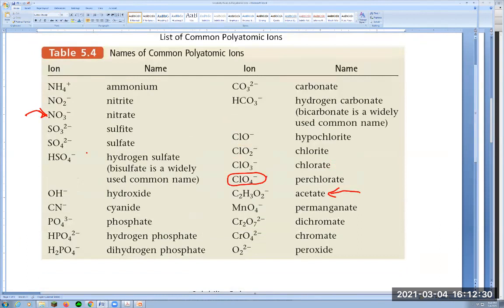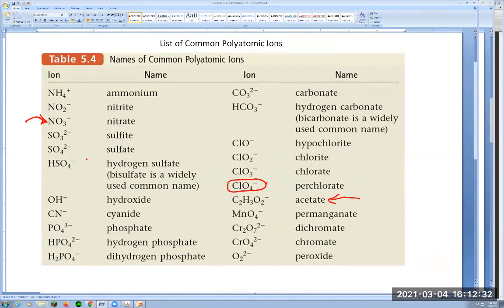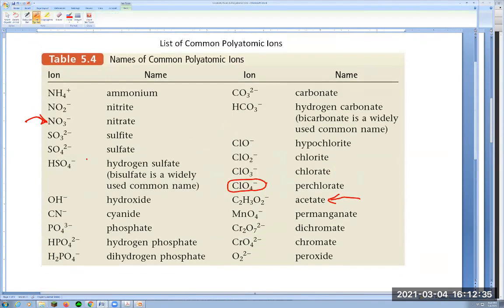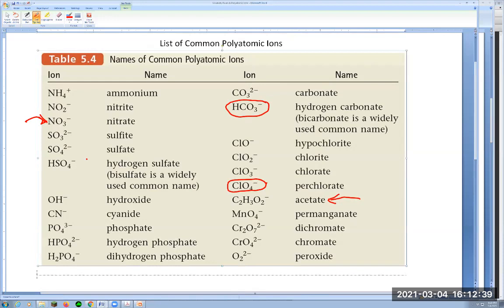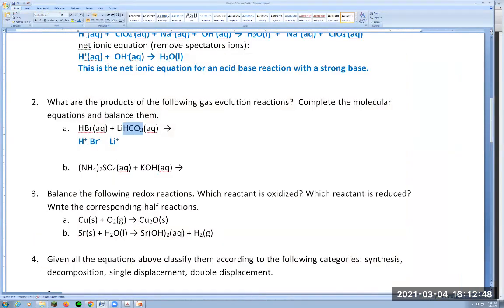HCO3 is the hydrogen carbonate, also called bicarbonate ion, so HCO3 with a 1- charge, written as a superscript. That's the other ion in this ionic compound.